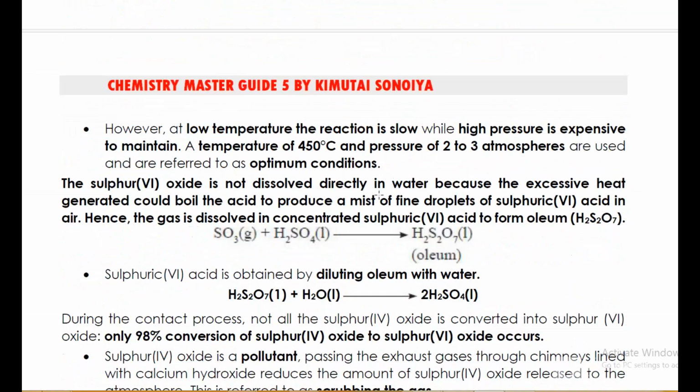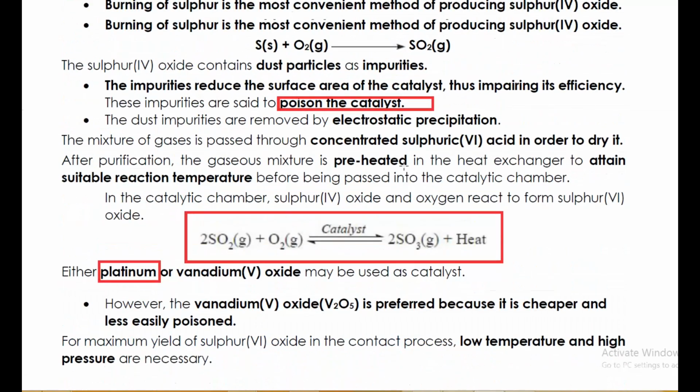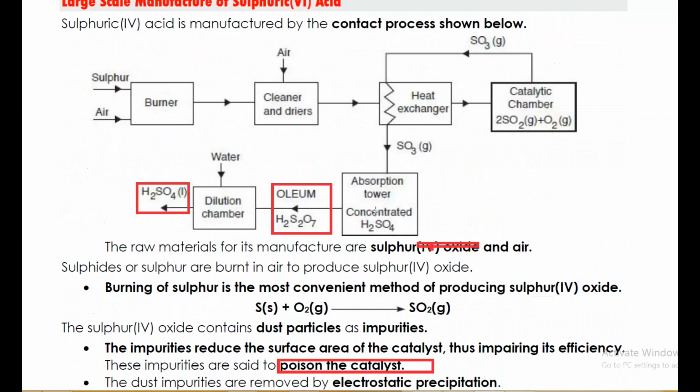And then I will take you through the reaction in the absorption tower, where sulfur 6 oxide reacts with concentrated sulfuric acid to form oleum. Oleum is H2S2O7, and this is the reaction in the absorption tower.